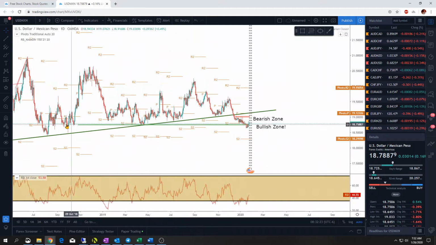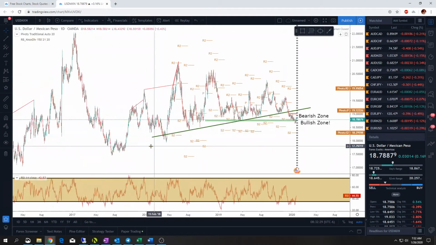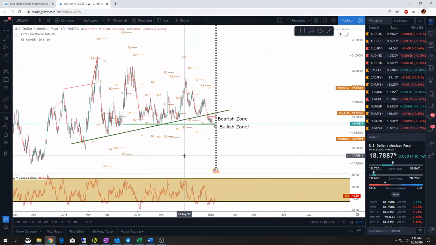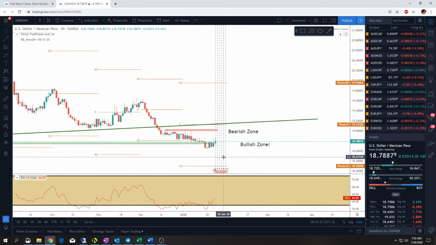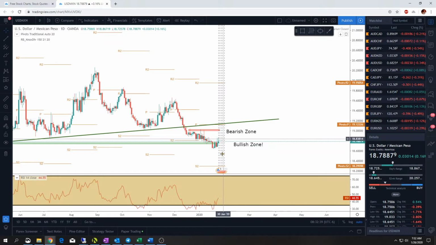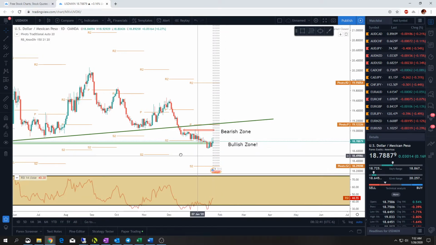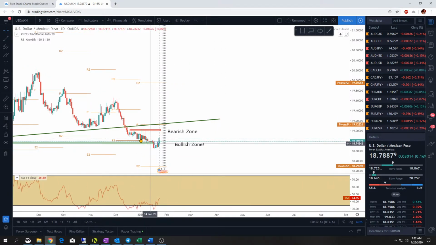So we've identified this strong support line going all the way back here. We had a trend line. We had a break of that trend line. So now we were looking for some sort of retest of that. And as you can see, price is now starting its push from this really low bottom here.